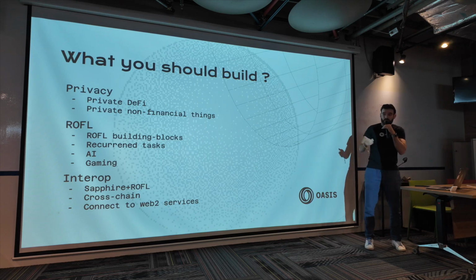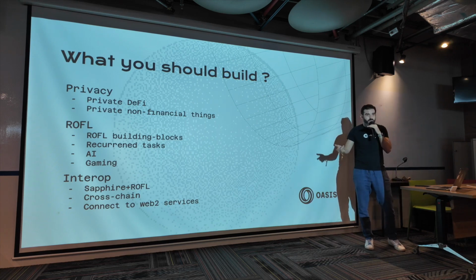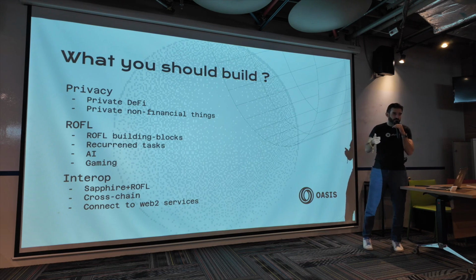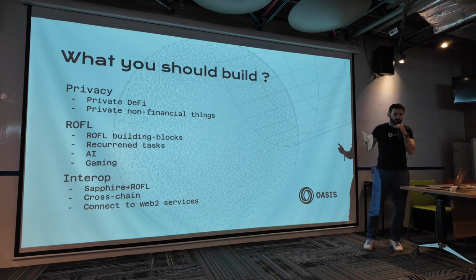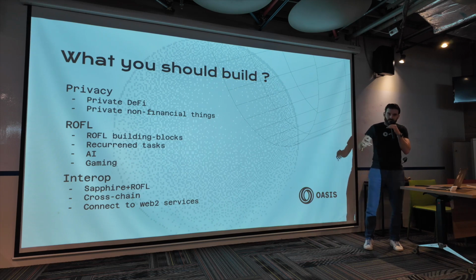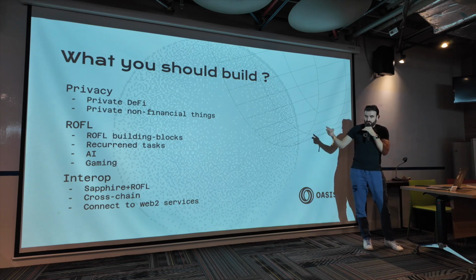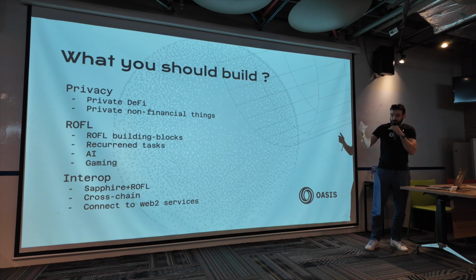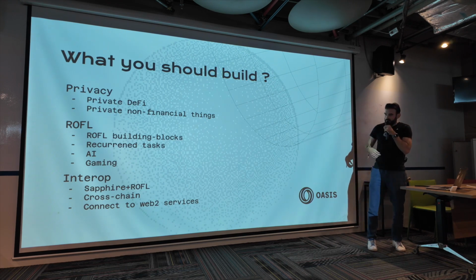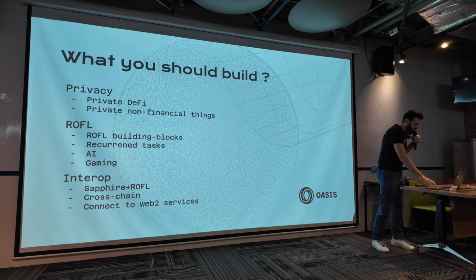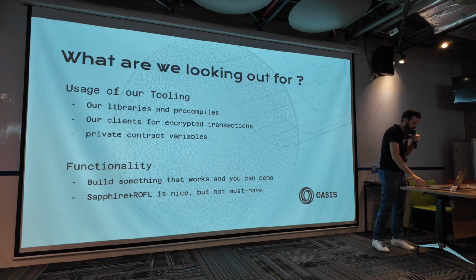Yeah, that's what we look for. And obviously the interop between ROFL and Sapphire is the best use case, but don't enforce it. And yeah, we also have cross-chain compatibility, like you can do this in ROFL, but also with other tooling. And with ROFL you can connect to Web2 services.